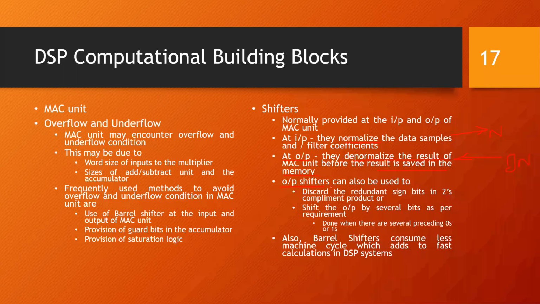Now here, if you just look at the output shifters, for what purpose they are used. Here we can go ahead with discarding the redundant sign bit which is present in the 2's complement. Because for the sign bit only one bit is required, your MS bit specifies that. When we are adding or multiplying, even the sign bit gets altered, and only one bit is sufficient for that purpose.